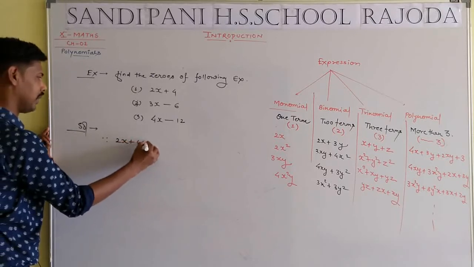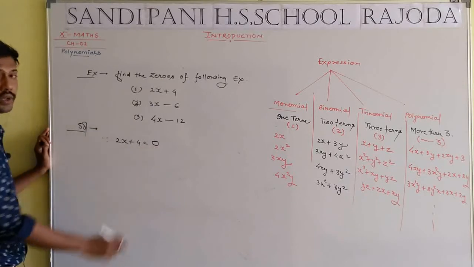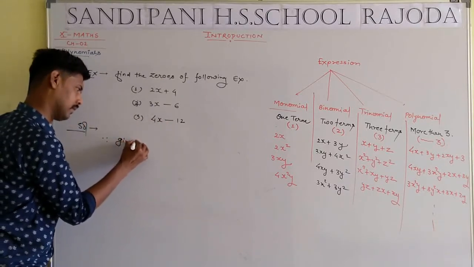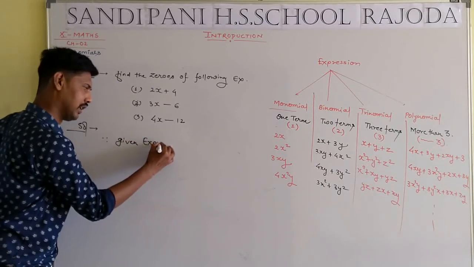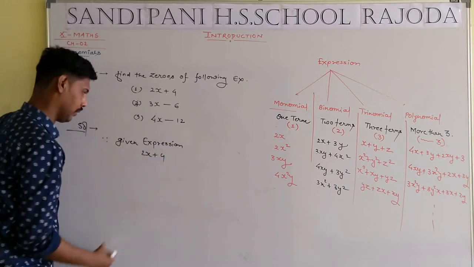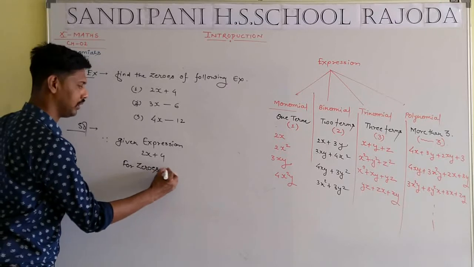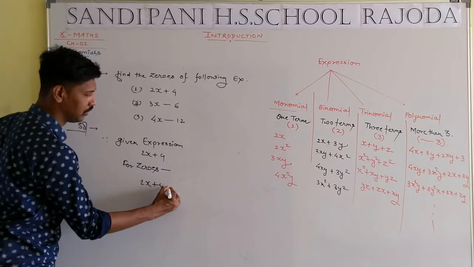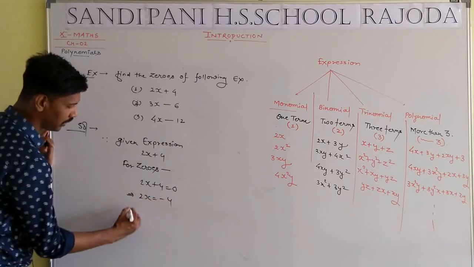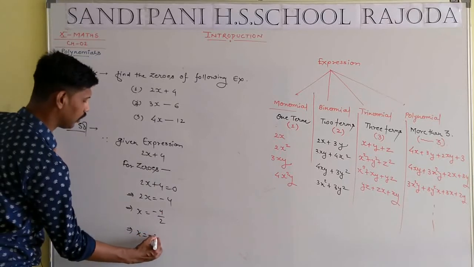2x plus 4 equal to 0. To find the zeros, we take the expression equal to zero. The given expression is 2x plus 4. For zeros, 2x plus 4 equals 0. Now 2x equals minus 4, x equals minus 4 upon 2, that means x equals minus 2.